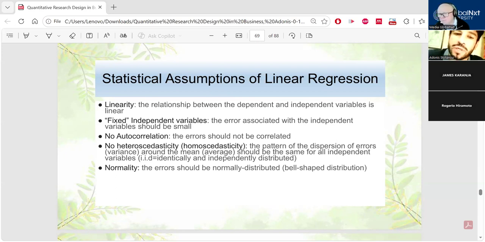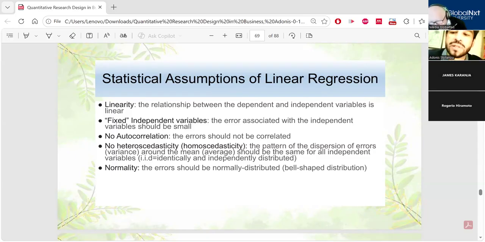Linearity is the first one. We need to make sure the relationship between the dependent and independent variables is linear. The second one is to ensure that the independent variables are fixed, they are not changing. We don't have autocorrelation. We need to make sure that the dependent variable is going to be autonomous.